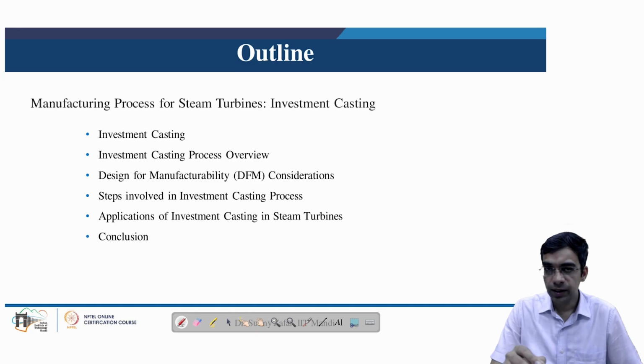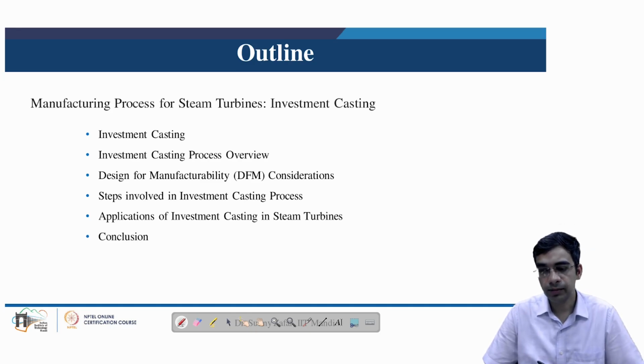So as we have seen in the previous lesson that steam turbines are one of the vital sources of generating energy from steam power, and steam power can be generated by either burning fossil fuels like coal or natural gas, or it can be generated by nuclear reaction, primarily nuclear fission reaction.